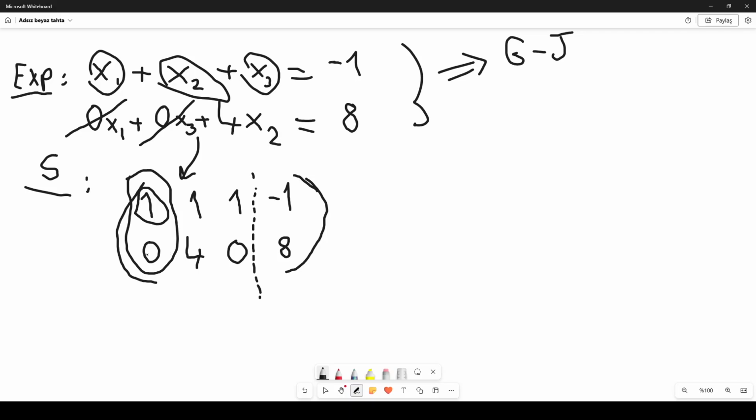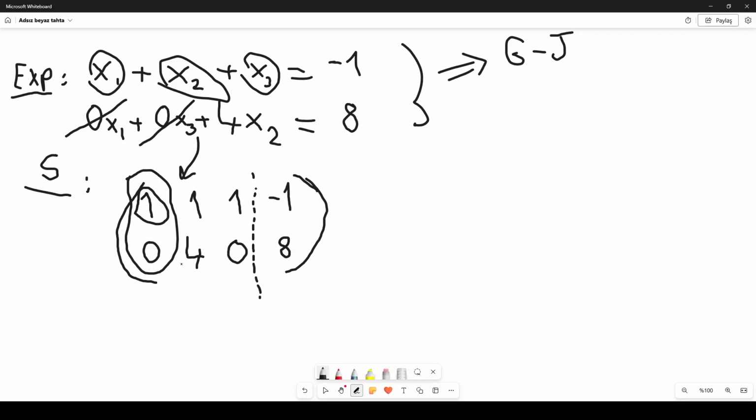We have two rows, right? It's because we have two equations, and two equations means we have two rows, because each row represents one equation given in the system. And then I just continue to check the second row.